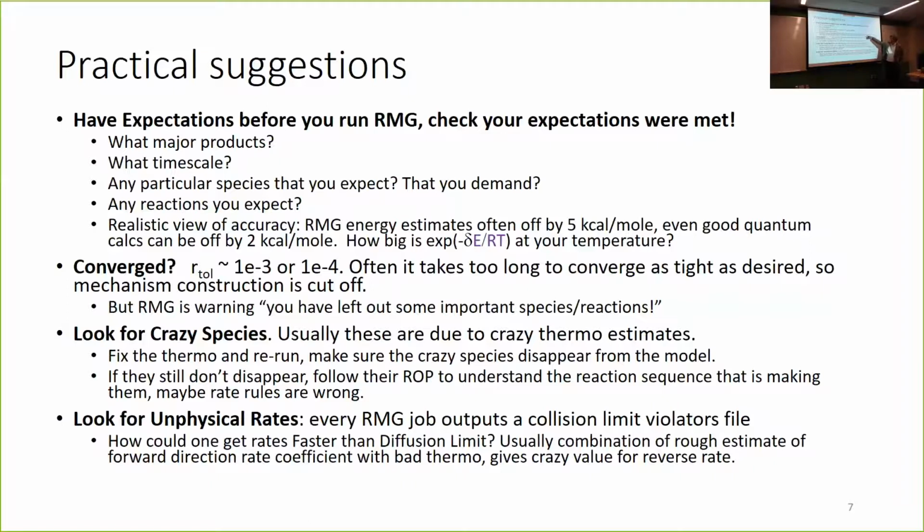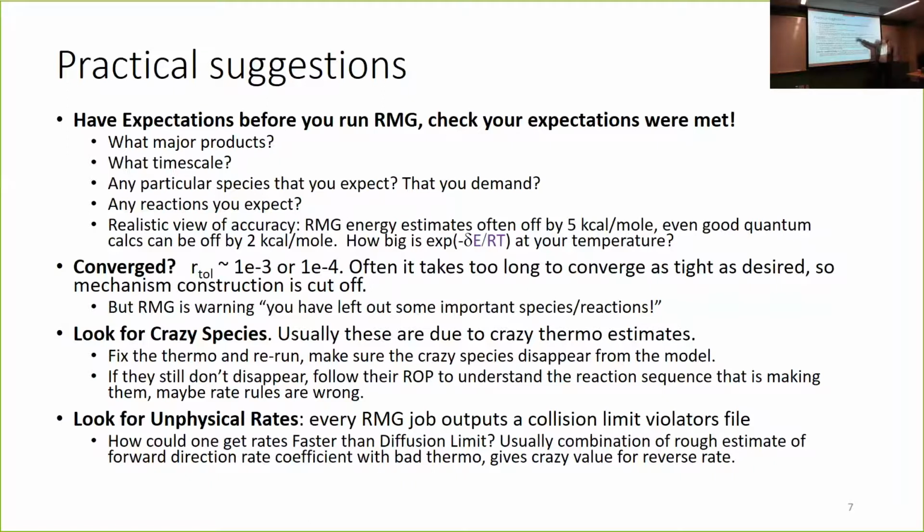It's worthwhile to keep in mind that RMG energy estimates, especially barrier heights, are very often off by as much as 5 kcal per mole. Even the thermo can be off by 5 kcal per mole. And even if you do a pretty good quantum chemistry calculation, you could definitely be off by 2 kcal per mole, or if you get one from the literature. Some people can do a little better than that, but it's pretty hard. So 2 kcal is not unusual.